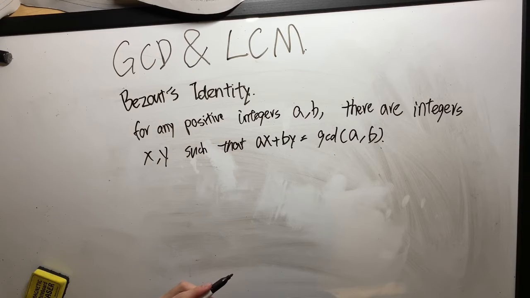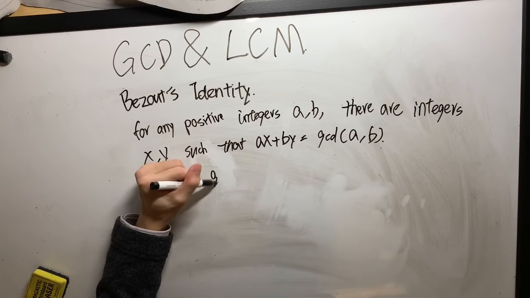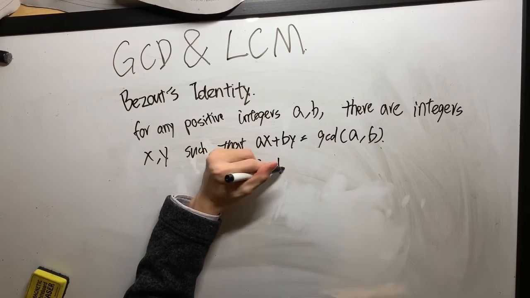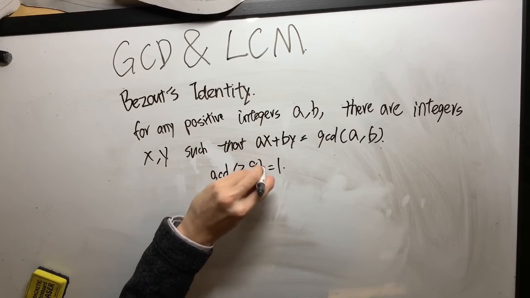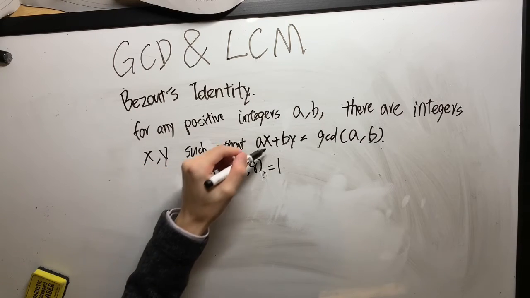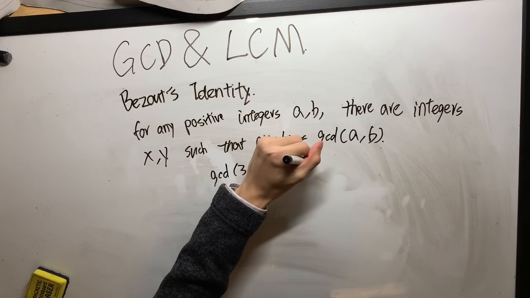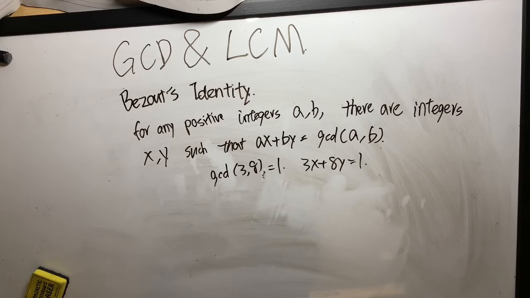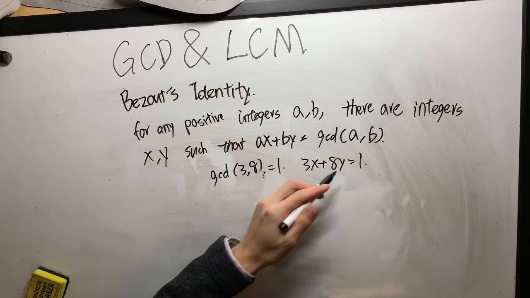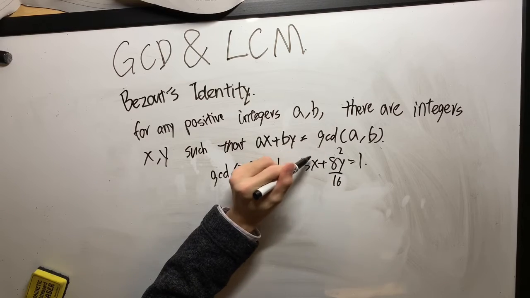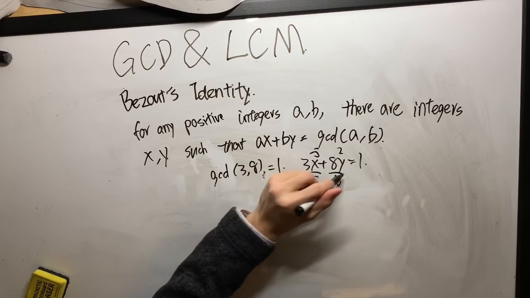So, for example, if you have GCD(3, 8), which equals 1, the theorem says there must exist x and y such that 3x plus 8y equals 1. You can figure out that if y equals 2, that's 16, and x equals -5, that's -15, and that's 1.